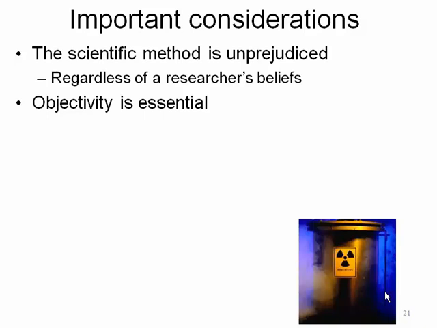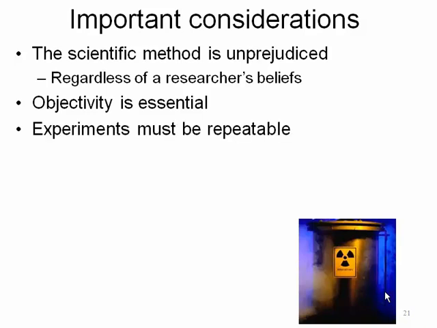Objectivity is essential so that true observations and true hypothesis testing can take place. Another key requirement is that any experiments done as part of the scientific method must be repeatable. I should be able to give my experimental methods to another scientist in another place, and they should be able to repeat my experiment and achieve comparable results, depending on the nature of the experiment involved.